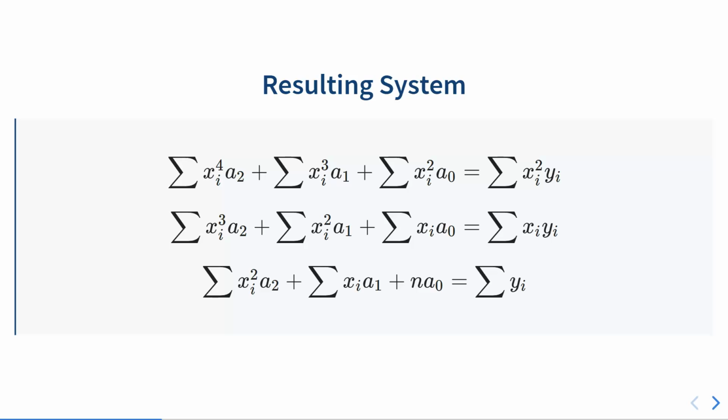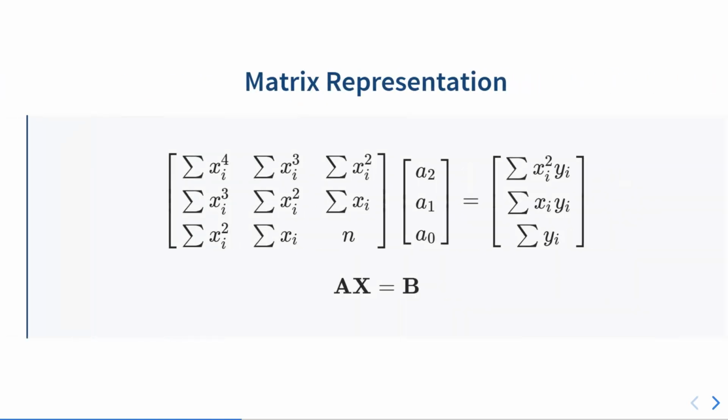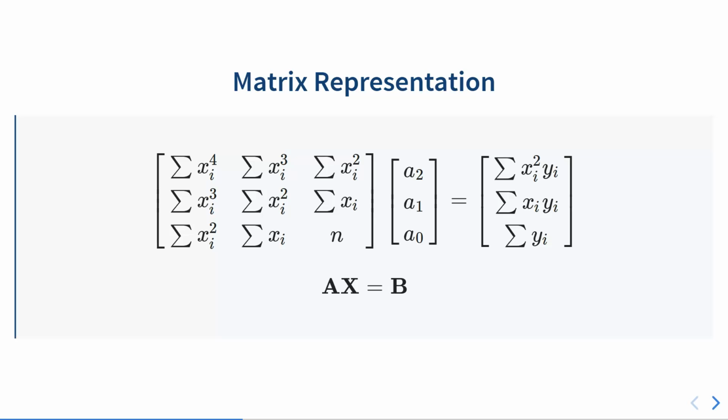From those equations we can first form the matrix, and if I solve it, I can easily get those three unknowns. If I write it in matrix form, I can write it as Ax is equal to B. A is the coefficient matrix, X is the unknown, a2, a1, a0, and B is the constant matrix.